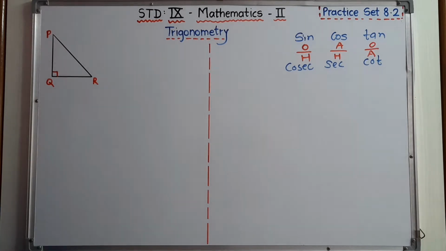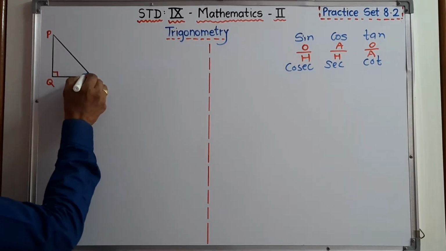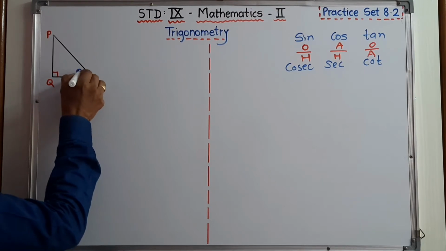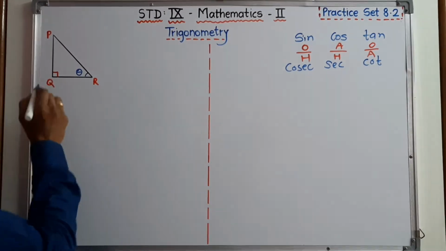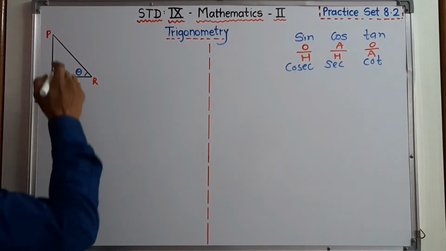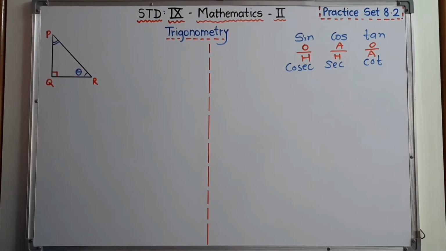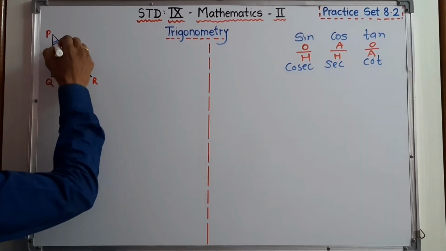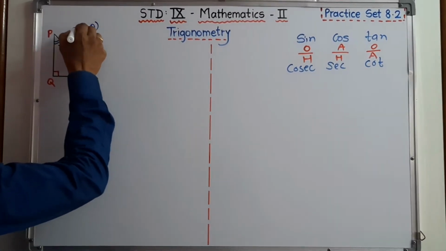In this triangle PQR, angle R is theta degree, measure of angle Q is 90 degree, and I have already explained in the previous lecture that the measure of this other angle will be 90 minus theta degree.